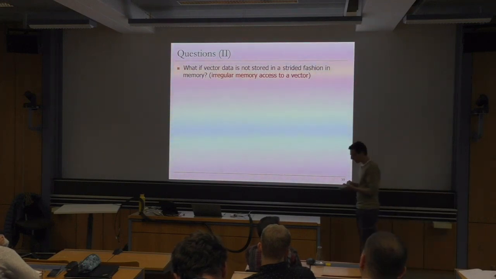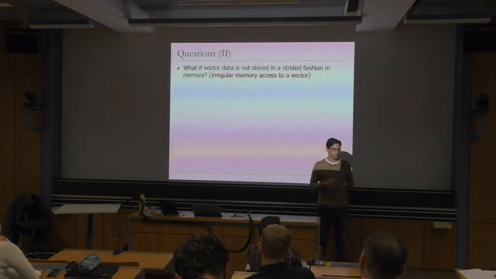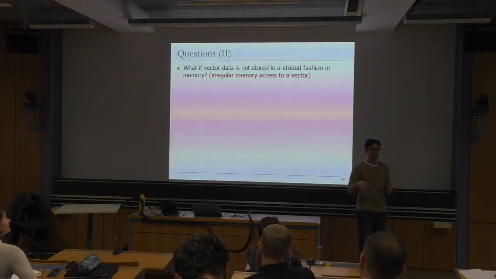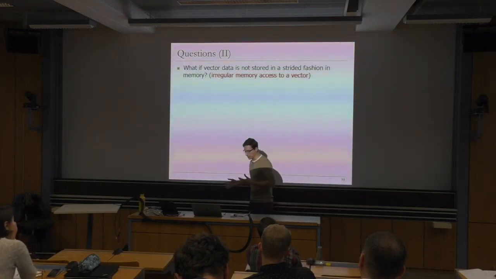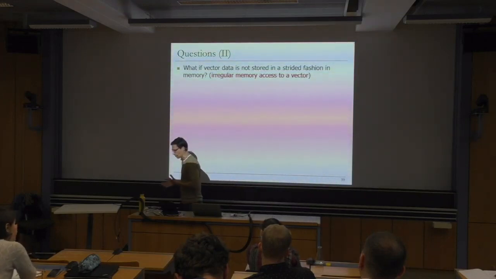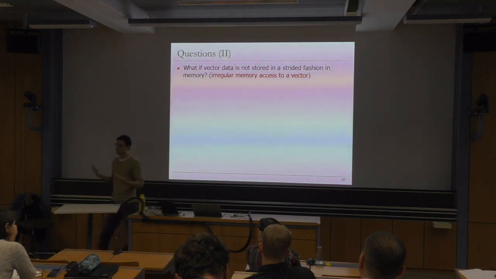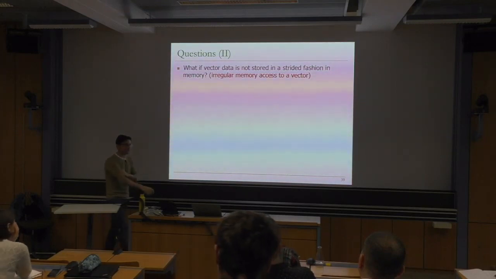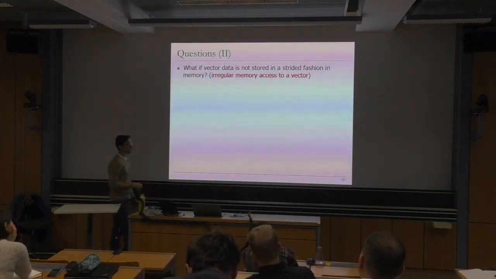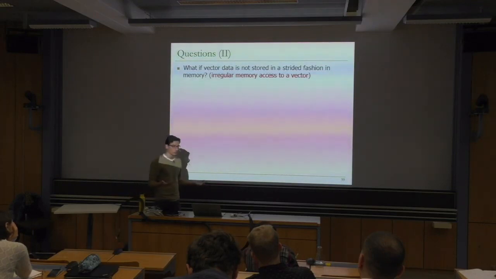Or we considered that the stride is 2 and we read A0, A2, A4 and so on. This is fine, and we have already talked about the efficient memory access: we can prefetch data because we know which data element is going to be needed next. But unfortunately this is not always the case.